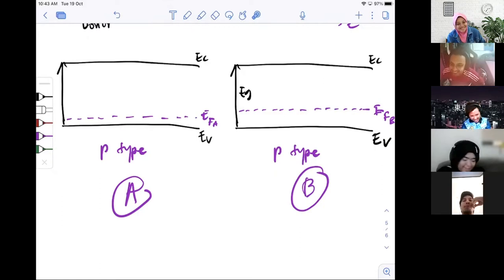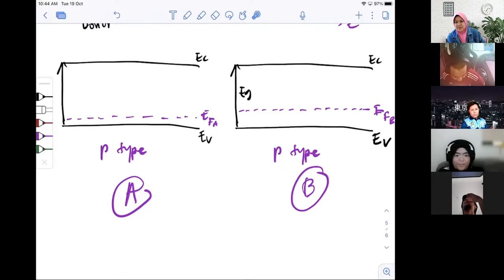Okay, so like just now, we have a donor of an N-type, phosphorus. So the donor energy level rises from the valence band up over the middle, so the donor level is above the Fermi level. So when we have an acceptor of a p-type, is it relative to the valence band or not?